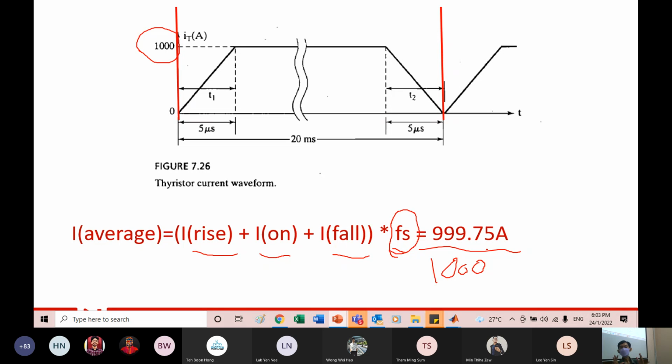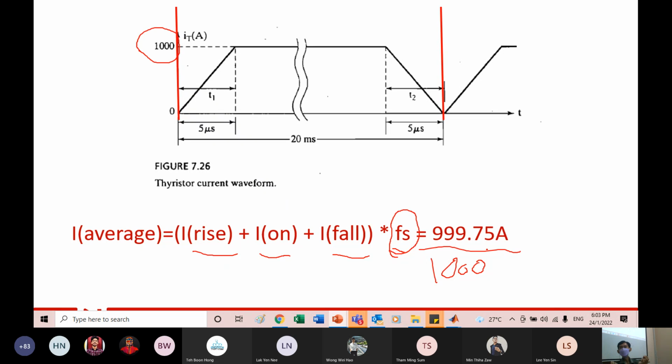So there is another simple equation on this. Like I say, it's much less complicated because you will notice, why is there no turn on delay and turn off delay? There is, but it is so small that it doesn't make a difference.